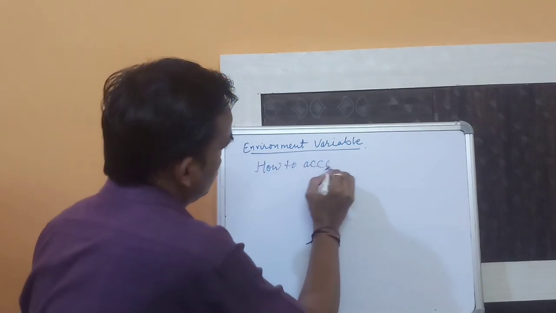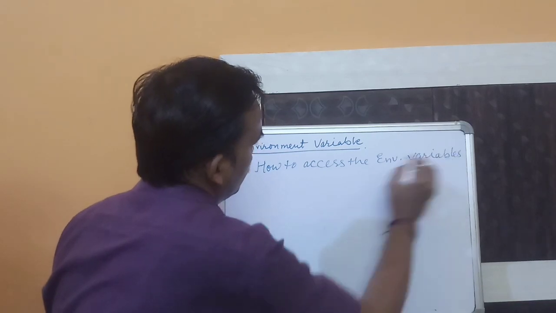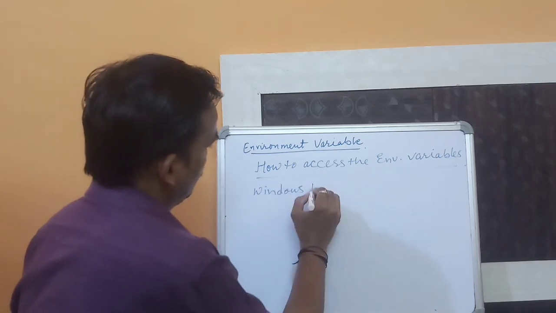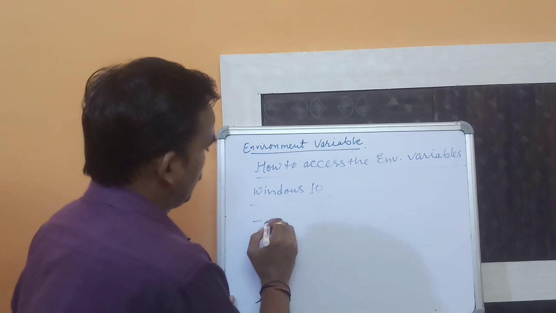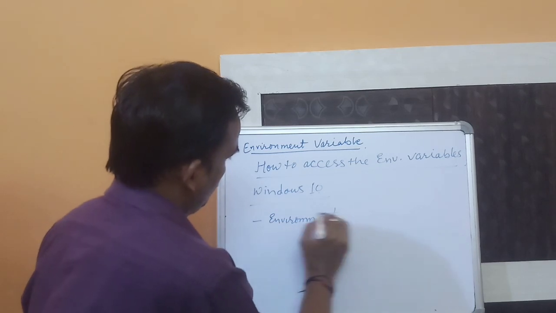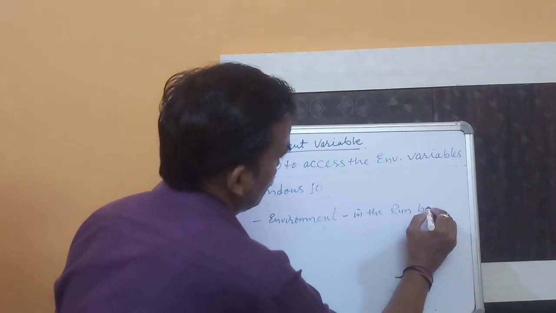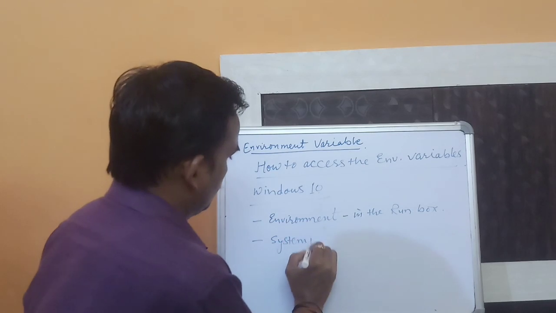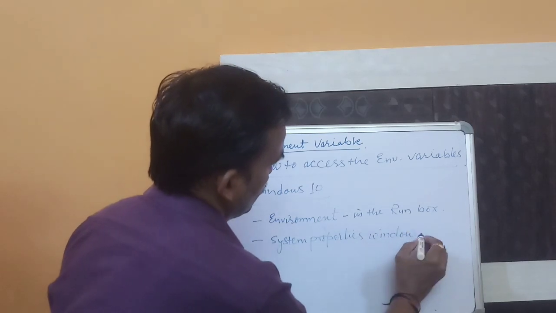If we talk about Windows 10, then we have to write the environment in the Run dialog box, then the System Properties window appears.